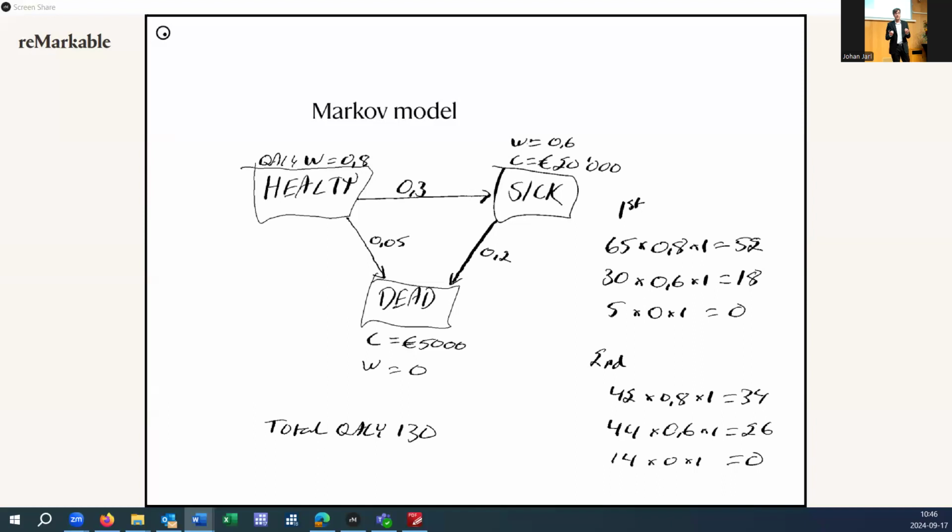So we have run the model for the base case scenario. And this results in a total accumulated QoLs of 130 and a total cost of 1,520,466.